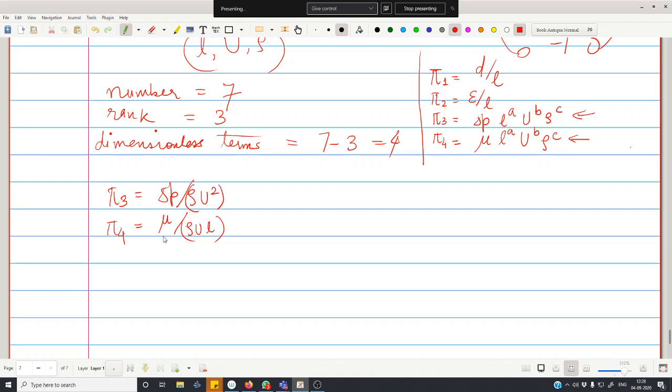Yes, sir. And actually, from experience only, I can tell all this because I've been doing it for a while now. So the different pi terms are d by L, epsilon by L, delta p by rho u square, mu upon rho u L. So this is like the pipe aspect ratio.